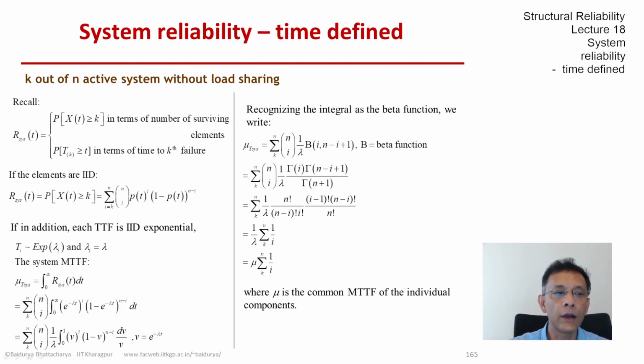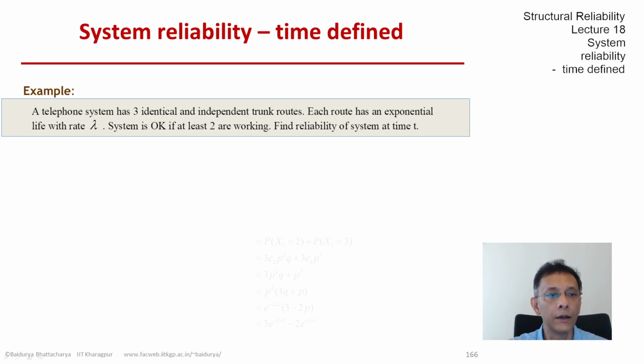So for such k out of n active systems with independent components, let's solve a couple of examples. The first one, let's take a minute to read the problem.